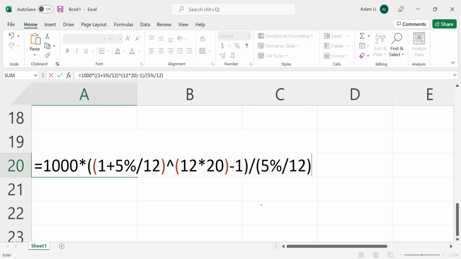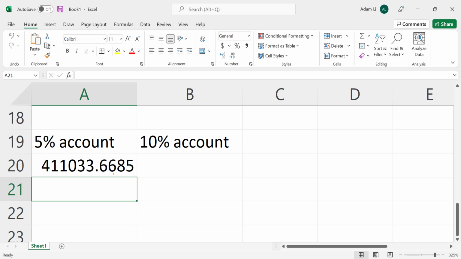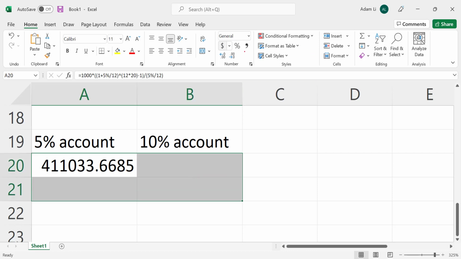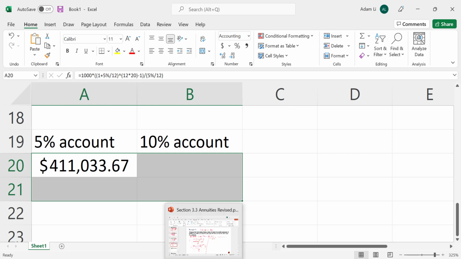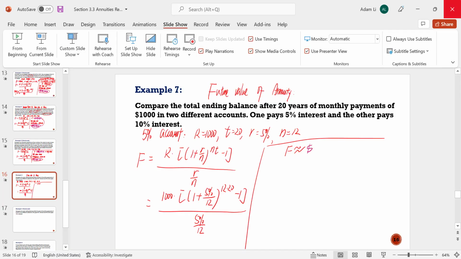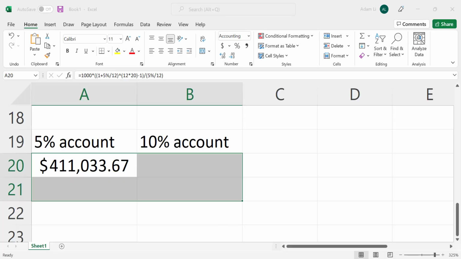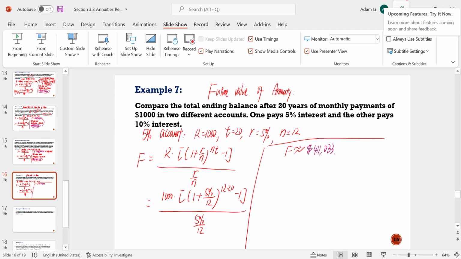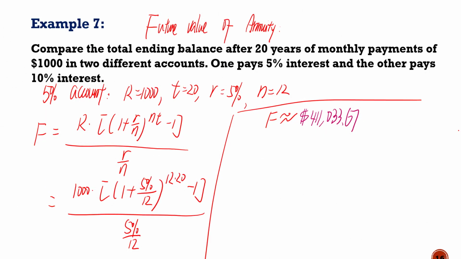And that should give us the balance, which is $411,033.67. Okay. And this is the ending balance for this 5% account.